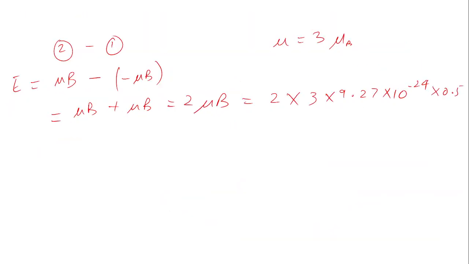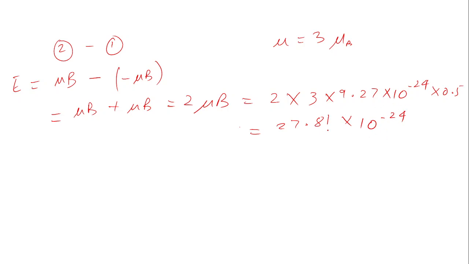When we calculate, we get 2 times 3 times 0.5 times 9.27, that is 27.81 times 10 to the power minus 24.